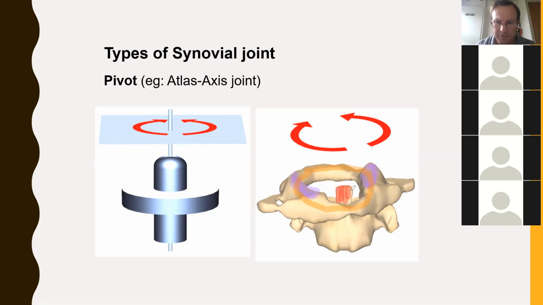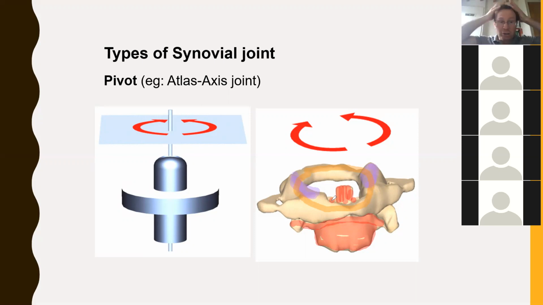There we go. So that red peg is connected to the bone. So I'm just colouring in red down here. Okay, so that peg fits up, and so that sort of round surface around is able to rotate.